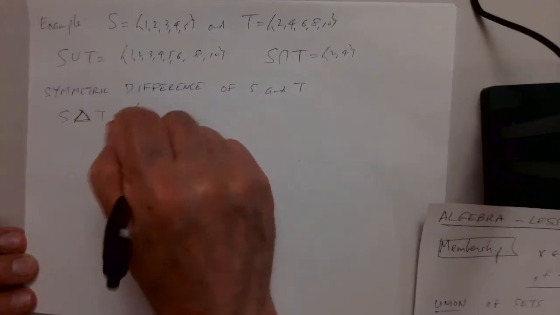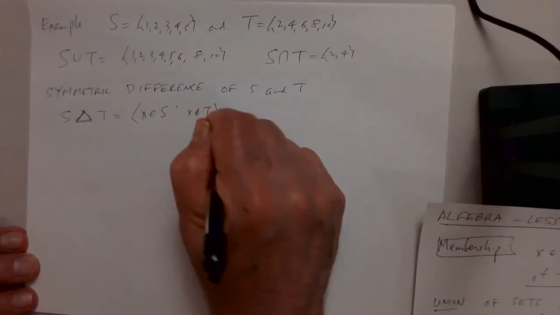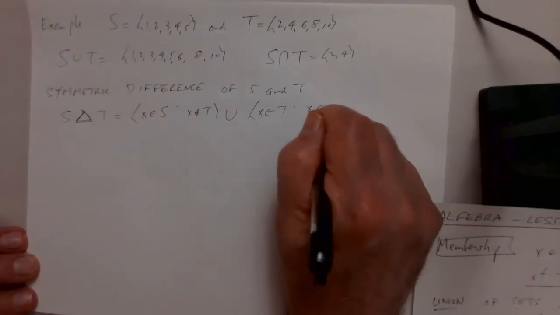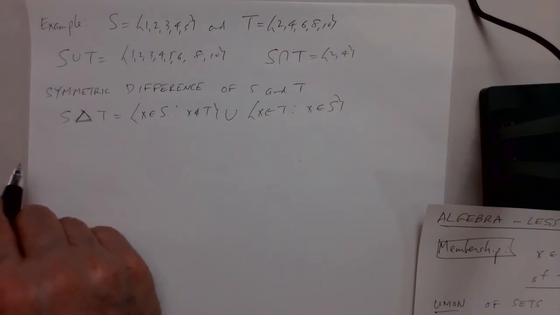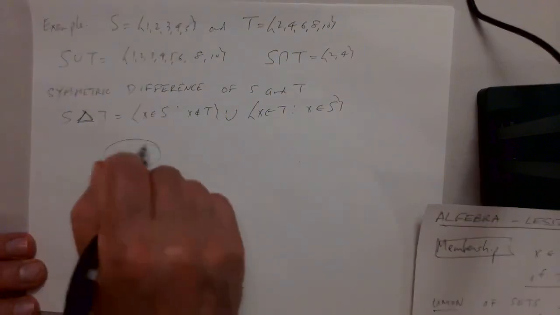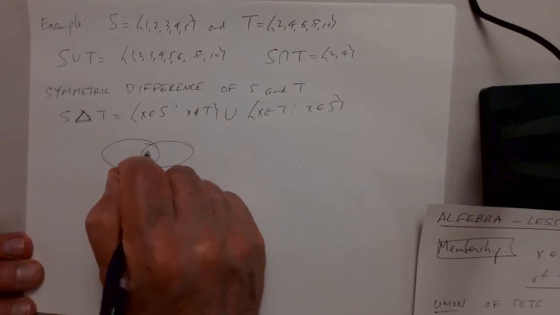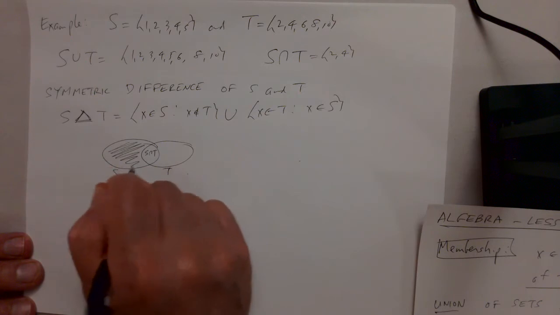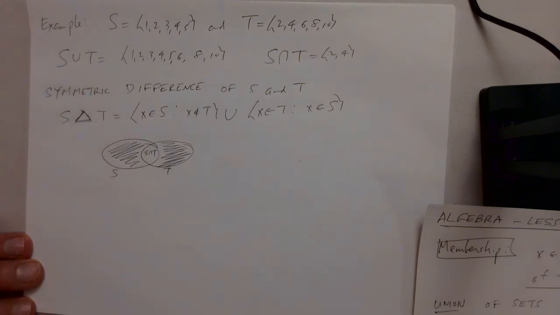This is every X which is in S but not in T, union everything which is in T but not in S. If we draw pictures of the two sets, these are the intersection. These are the elements of S which are not in T. These are the elements of T which are not in S. That's what makes up the symmetric difference.